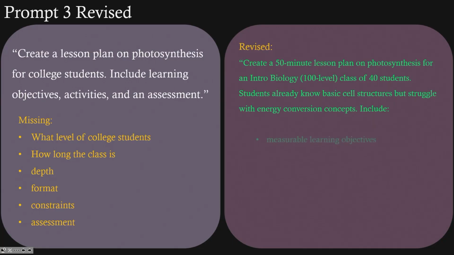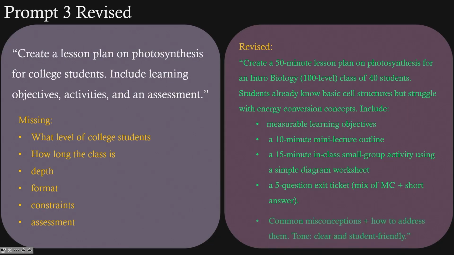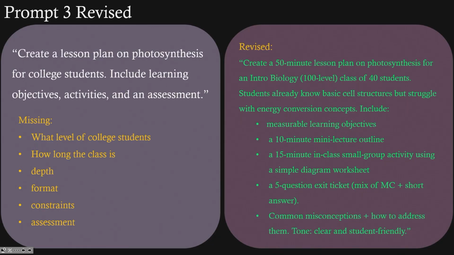So we want to include measurable learning objectives, a 10-minute mini lecture outline, a 15-minute in-class small group activity using a simple diagram worksheet, and a 5-question exit ticket mixing multiple choice and short answer. And then some common misconceptions for this lesson and how to address them. And we want the tone to be clear and student-friendly.